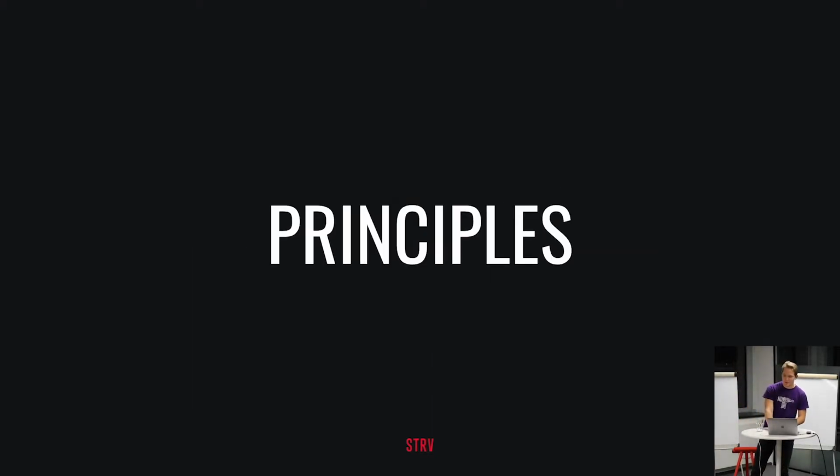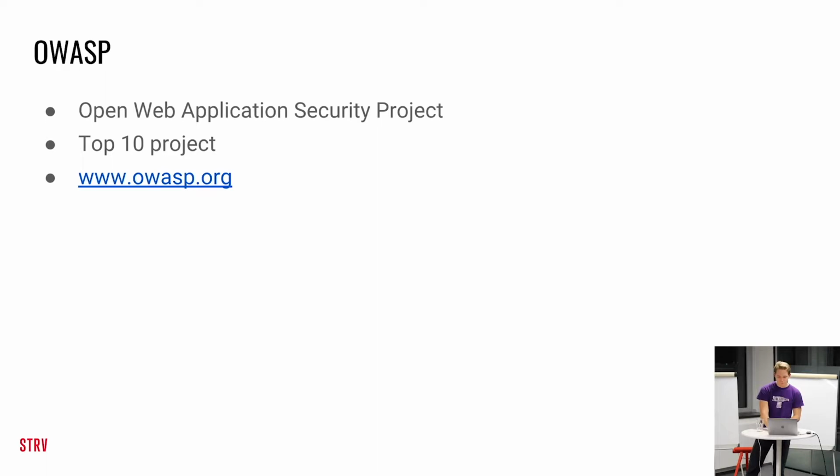So let's do this. First, I would like to go through some principles that apply. Considering that, there's this Open Web Application Security Project. You probably have heard of it. It's this open initiative to map common vulnerabilities in web applications and to educate developers in how to address them and how to avoid making them themselves.